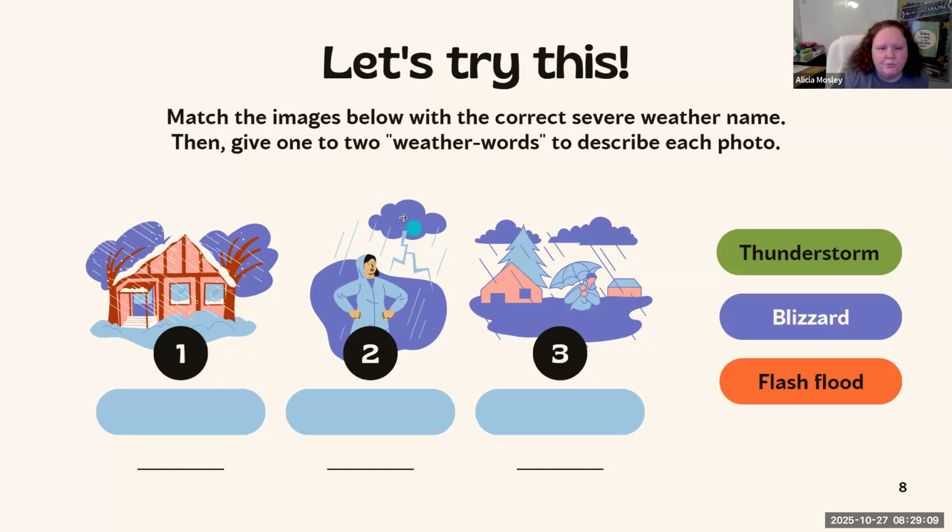Number two, there is a lady outside, but she's got a raincoat on. So it looks like it is raining, isn't it? So that would be a thunderstorm. See the storm cloud with the lightning in it? And then we have picture three, which shows someone walking through a lot of water, right? So that's a flash flood.